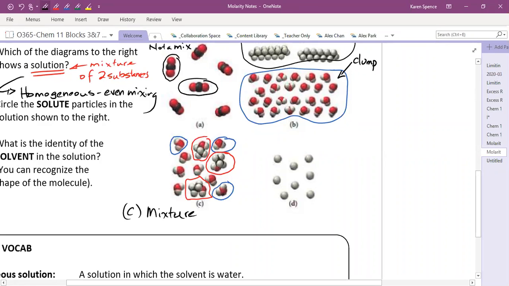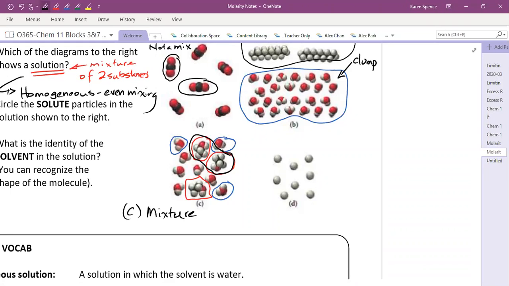And I know sometimes people think, oh, don't I have a clump right here? Well, two molecules doesn't actually make a clump. We are limited in that we can't draw a really nice picture of billions of molecules. If you had a picture of billions of molecules, it would become really obvious that two molecules is not a clump, right? But because we're limited to what we can have on the screen, it looks a bit like a clump.